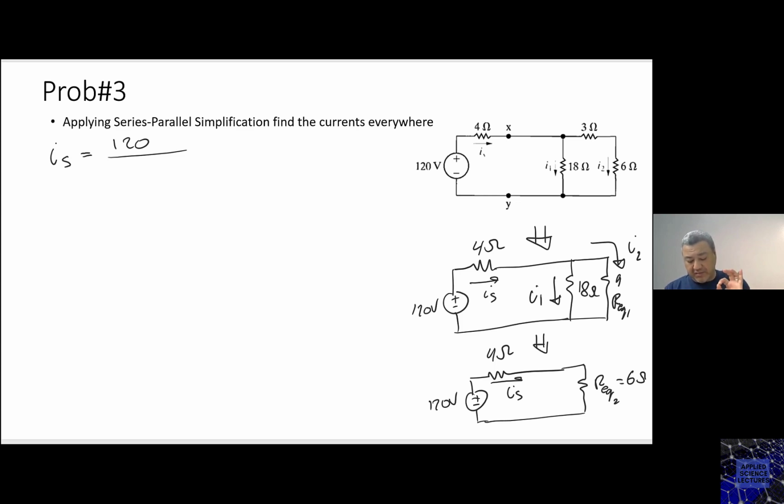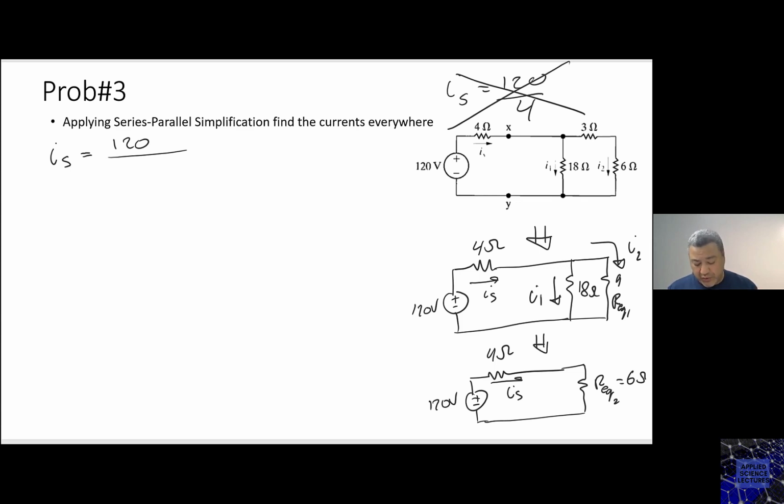another mistake that may be made by students is calculating IS, saying IS is 120 divided by 4. This is wrong. And we have seen now why it is wrong, because you've ignored the 6 ohm. This 120 volt is not across the 4 ohm.